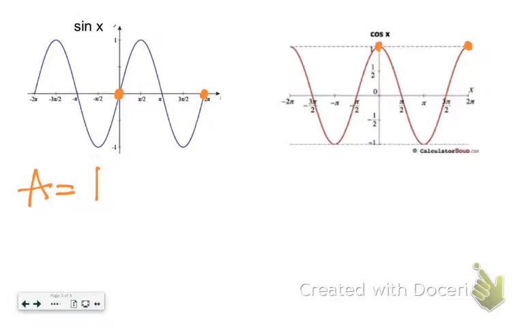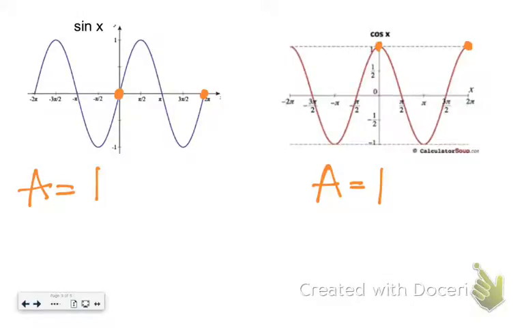So 1 and -1 are 2 apart, so the amplitude on cosine is also 1. So on cosine, you start at your amplitude and you end at your amplitude. Versus on sine, you always just started at 0 unless you had a phase shift where you would move up or down. Okay, so on cosine, you start at 1, you end at 1. So you start at your high point, you end at your high point.